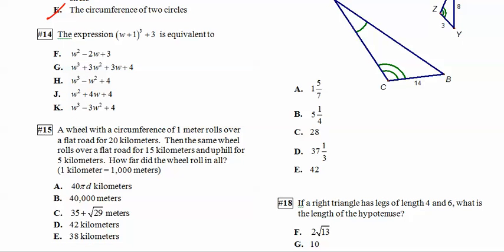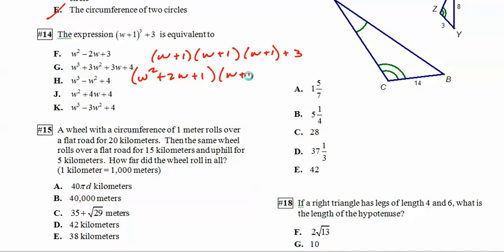Alright, expression: w plus 1 to the third plus 3. We got some work to do. W plus 1 times w plus 1 times w plus 1 plus 3. W squared plus 2w plus 1. That one I can do very quickly. However, after that, I'm kind of up a creek. Let's do the w first. W to the third plus 2w squared plus w.